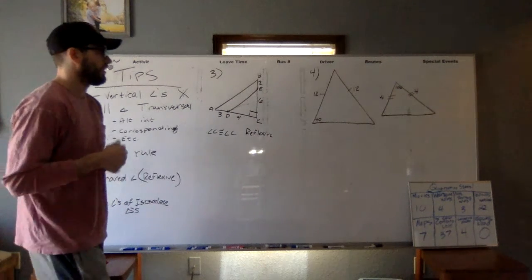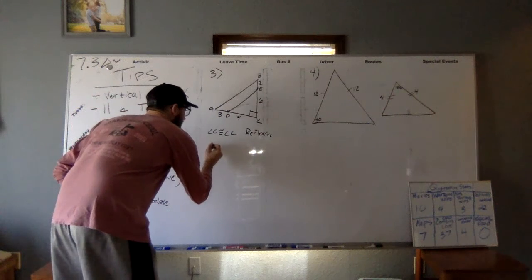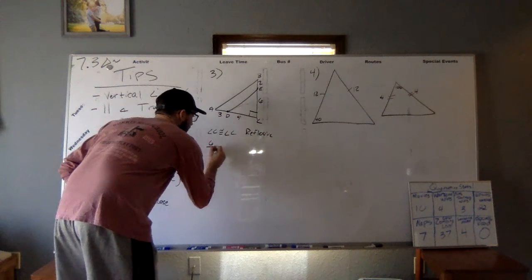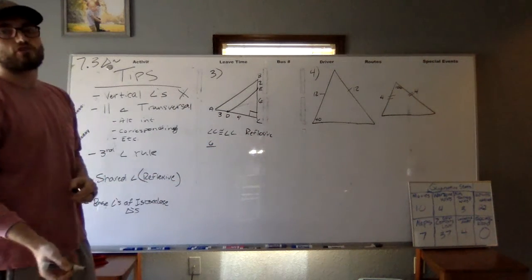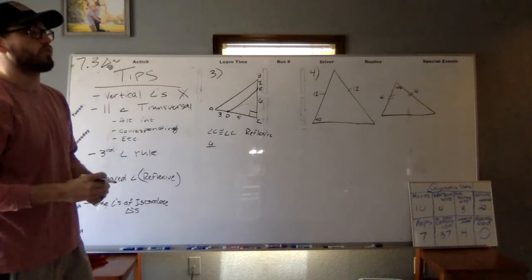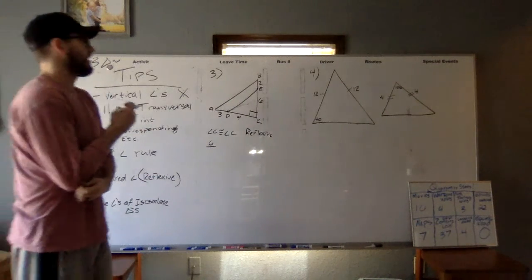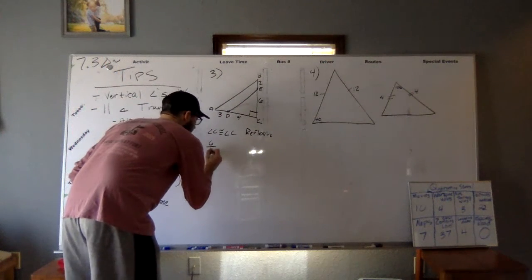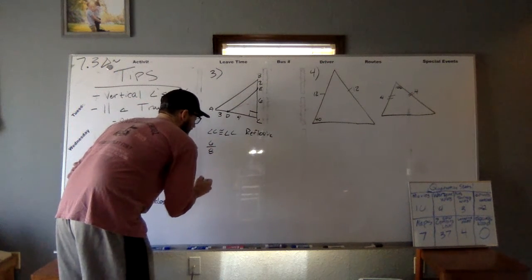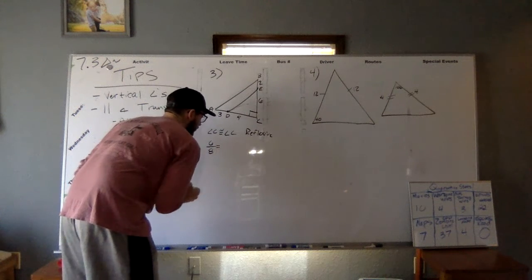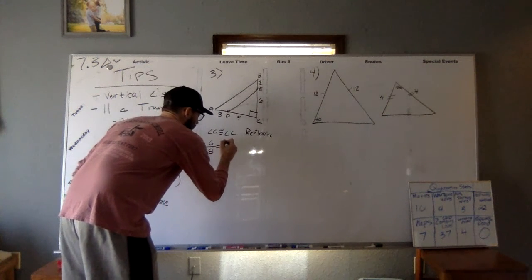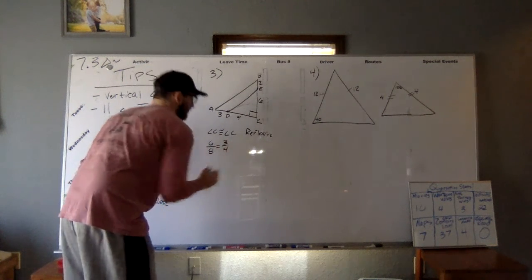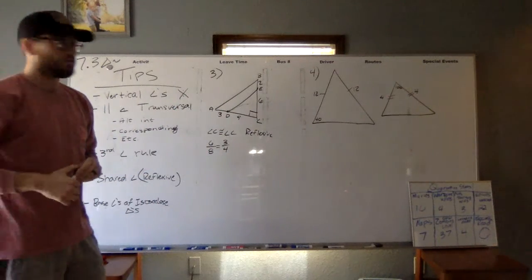So I would say, okay, the smaller triangle side is 6. If I look at the whole side, I have to add the two together, so that's really 6 over 8, which, if I divide them both by 2, I get 3/4.